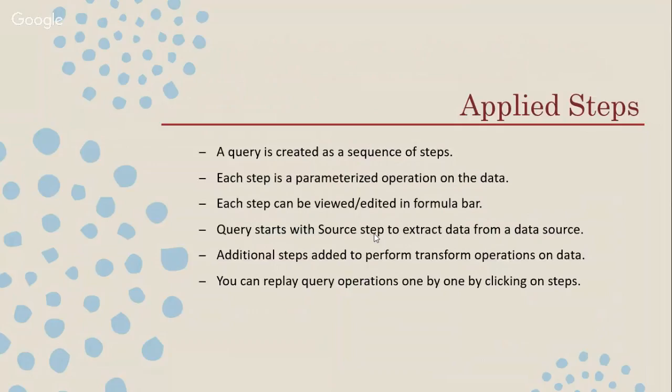Suppose you have promoted your first row as headers, that is one step, and you have changed the data types of each column, that is another step, and you have removed unwanted columns, that is the third step, and you have merged two columns, that is the fourth step.